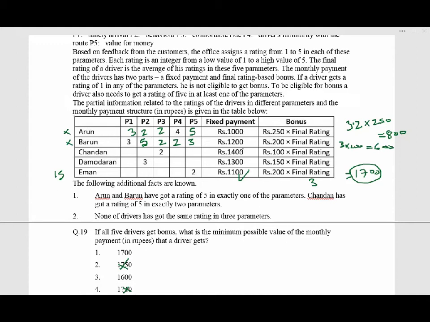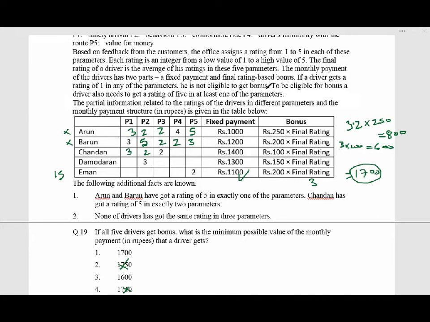Chandan, already 1400. I will not give Chandan 5. I'll give him 1 more 2, 1 more 3, 1 more 3, and 1 4. I cannot give him 1. Total 14, 2.8. Average will be 2.8 into 100. Okay, wait.